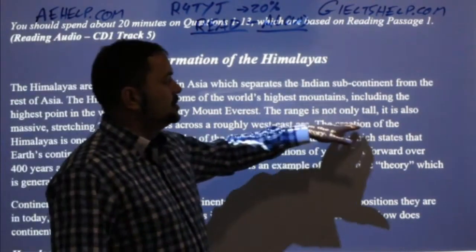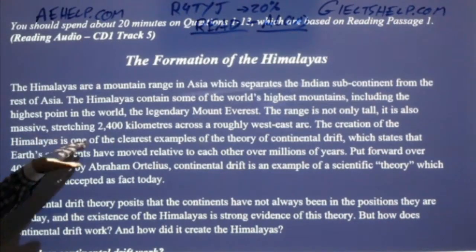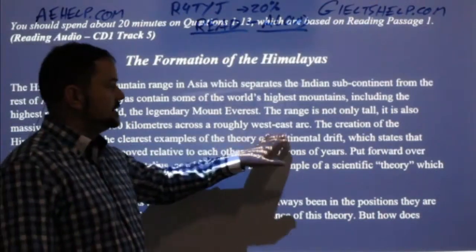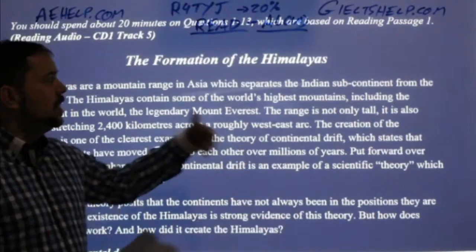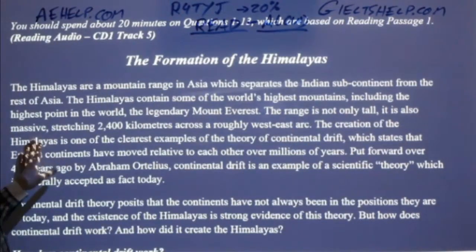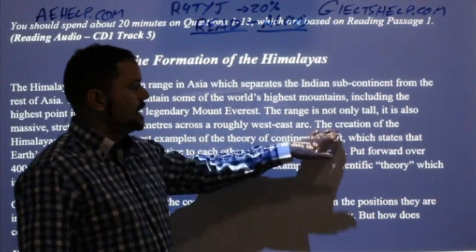The range is not only tall, it is also massive, stretching 2,400 kilometers across a roughly west-east arc. See why it's important to pronounce those twice? Okay, here we go. The range is not only tall, it is also massive, stretching 2,400 kilometers across a roughly west-east arc.